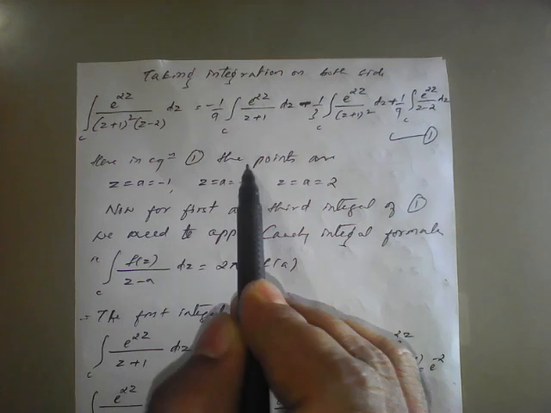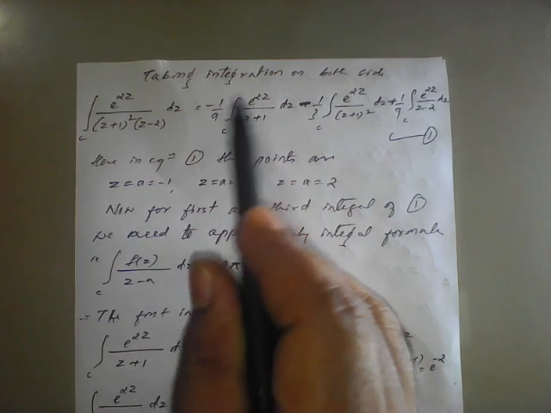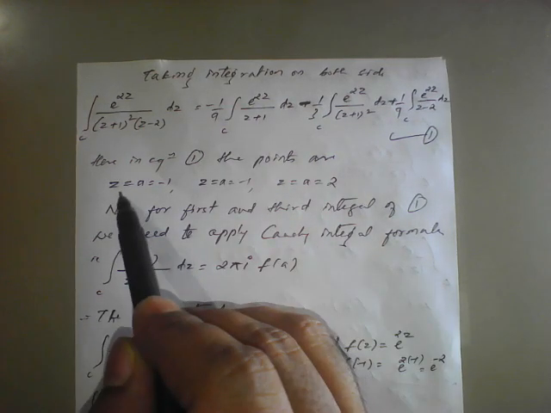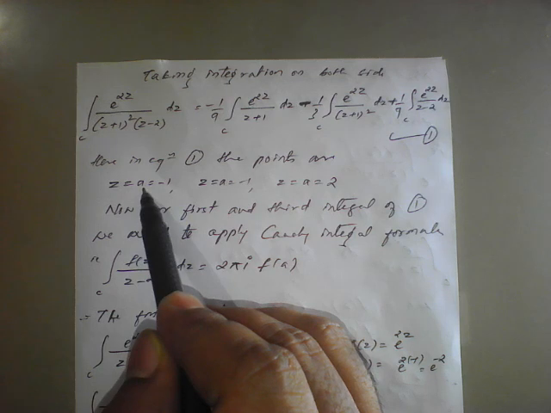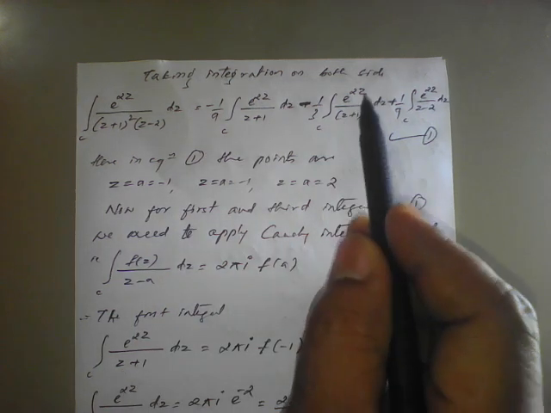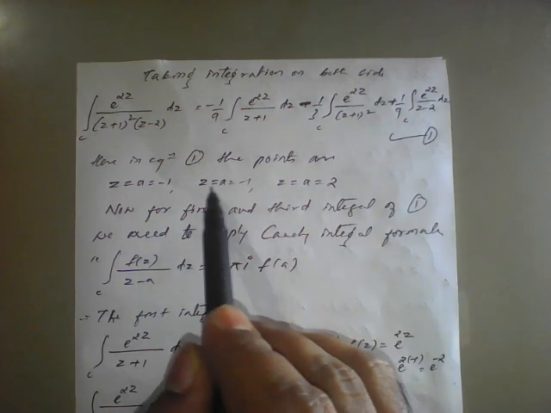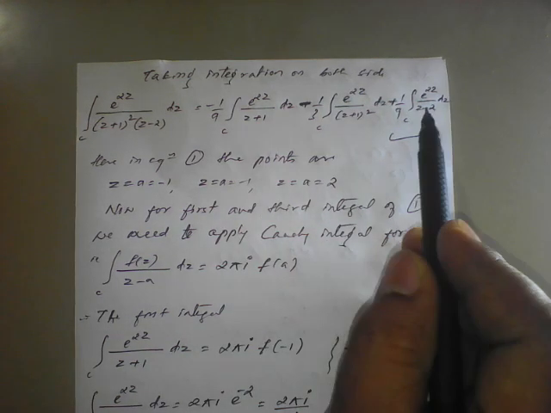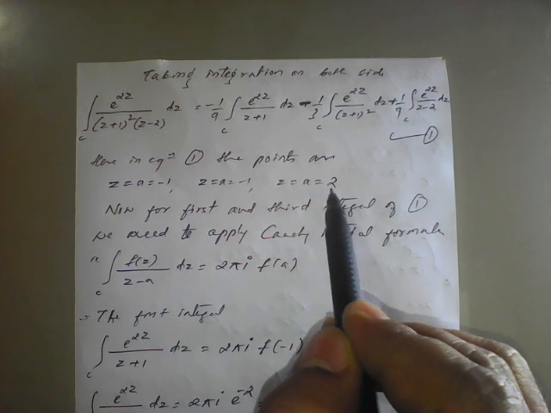So for the first integral, the value of z, which is also nothing but a, is minus 1. From the second integral, z plus 1 means a is again minus 1. And from the third integral, the z value will be 2.